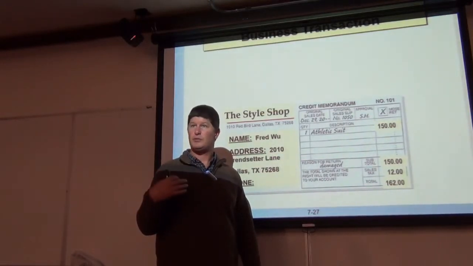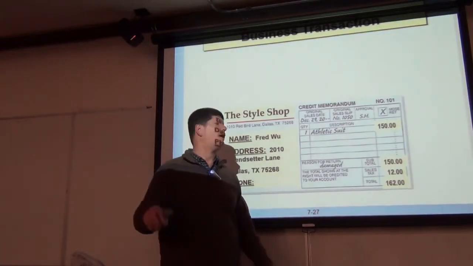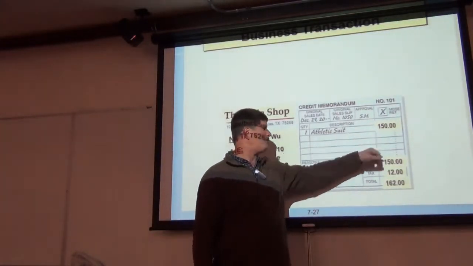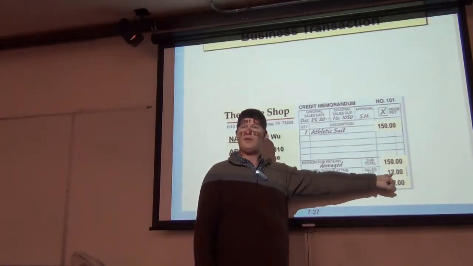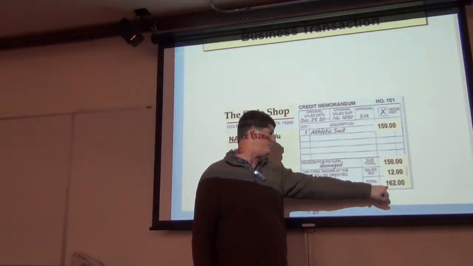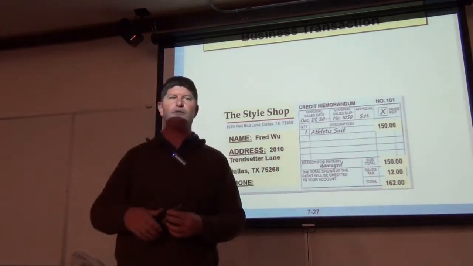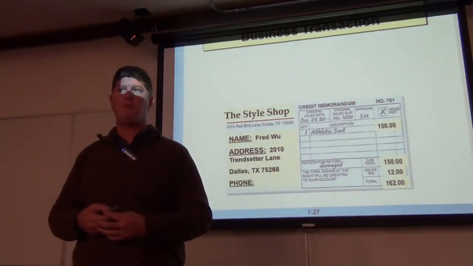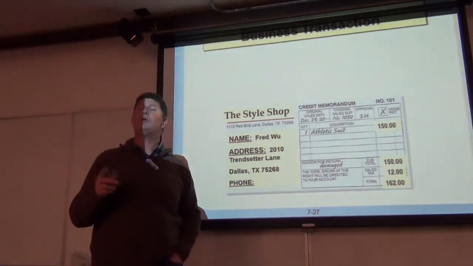We're taking it back as a return. Everybody got the concept? Good? Okay. So we're giving him credit for the $150. We're crediting his sales tax because now we don't have to give it to the government either. We give it back to him. And his accounts receivable balance would decrease by $162. Good? Okay.